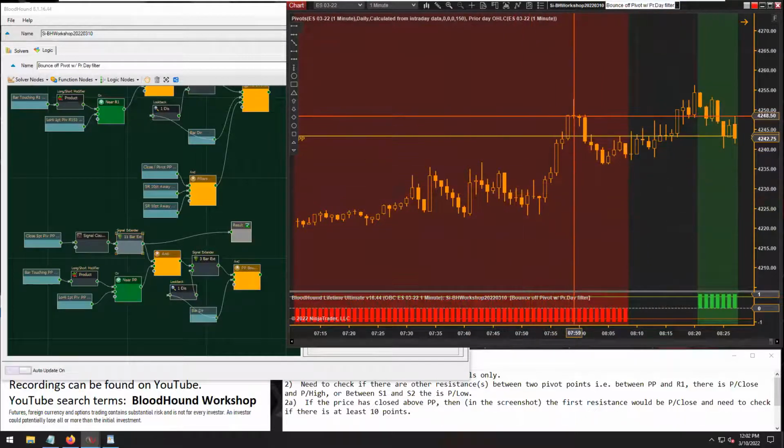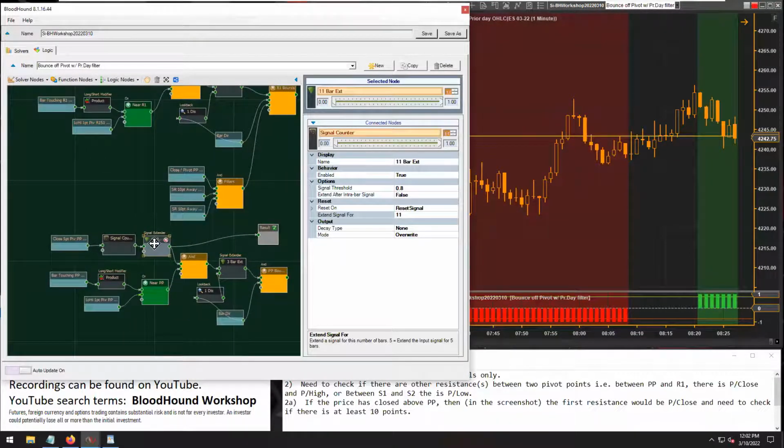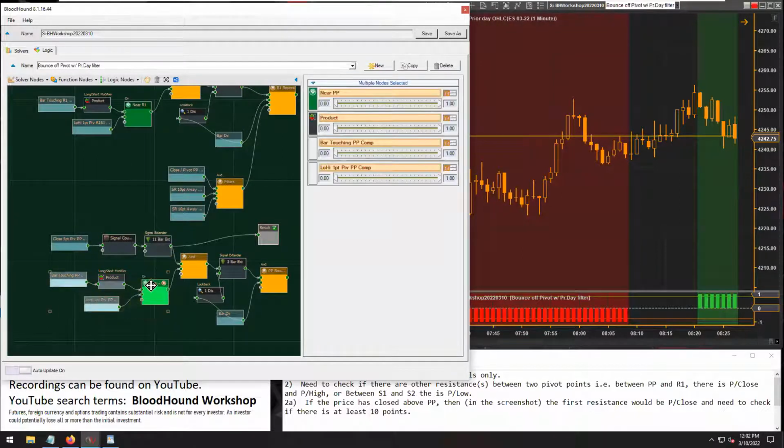Yeah, and then price pulls back in, and we still get a short because we're extending it for 11 bars for so long there. So we need to turn off the signal extender. Yeah, we need to turn off the signal extender.